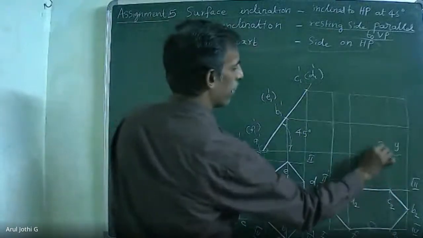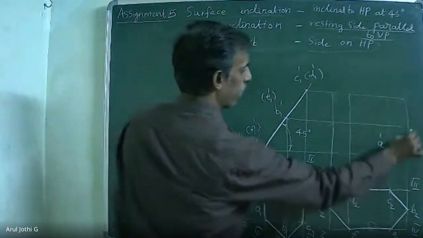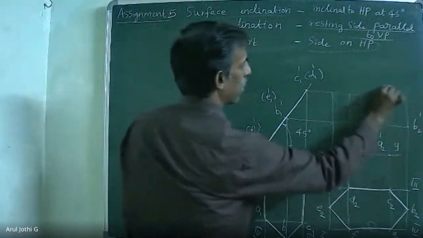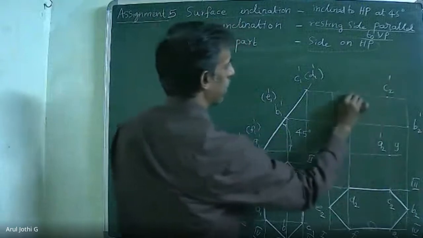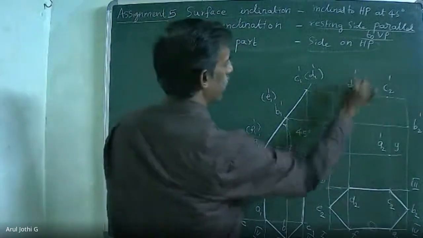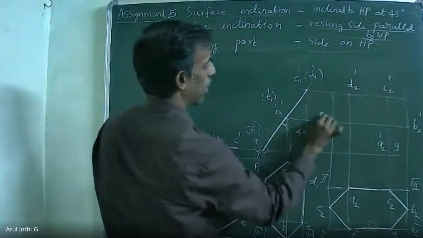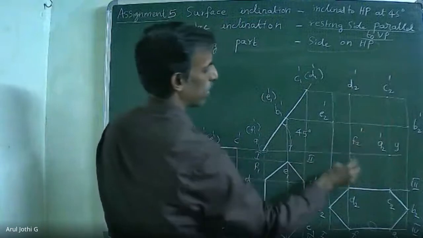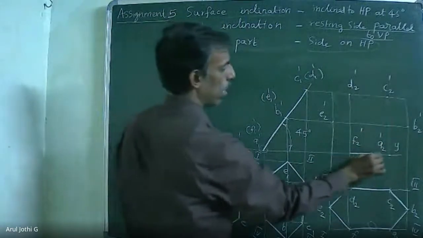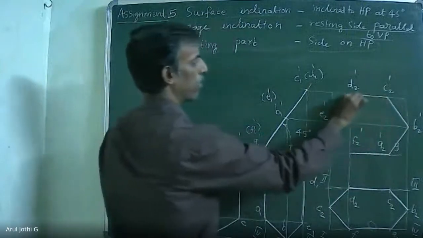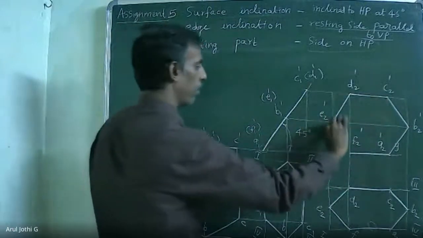So this will be A2 dash, B2 dash, C2 dash, D2 dash, E2 dash, and F2 dash. So this will be your final front view.